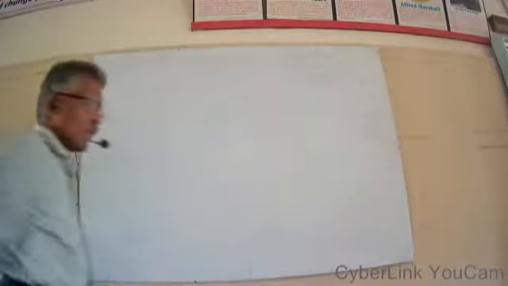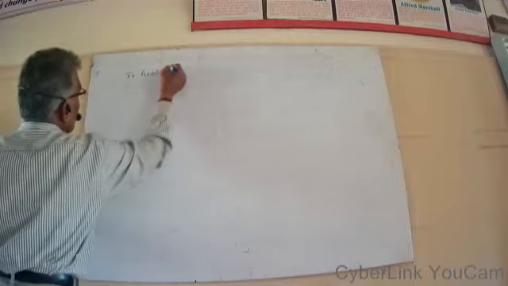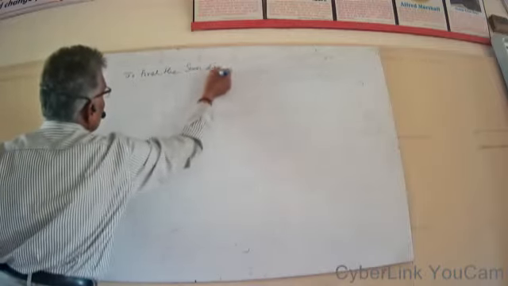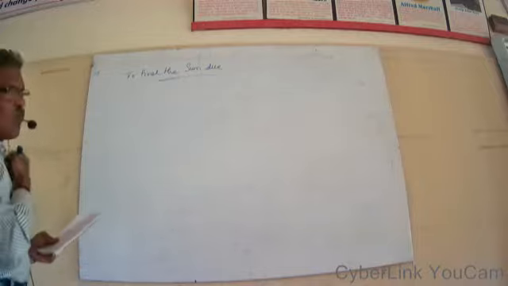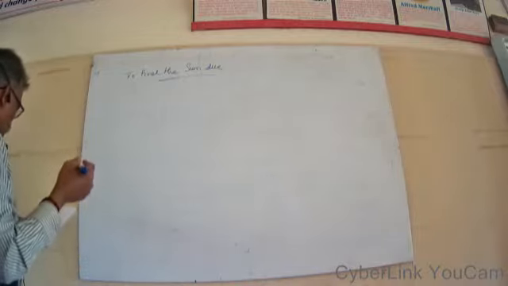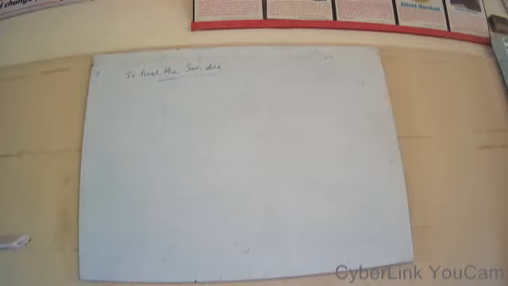Now, to find the sum due. How to find the sum due? Sum due means A. When the present value is given, calculate simple interest on it at the given rate for the given period.